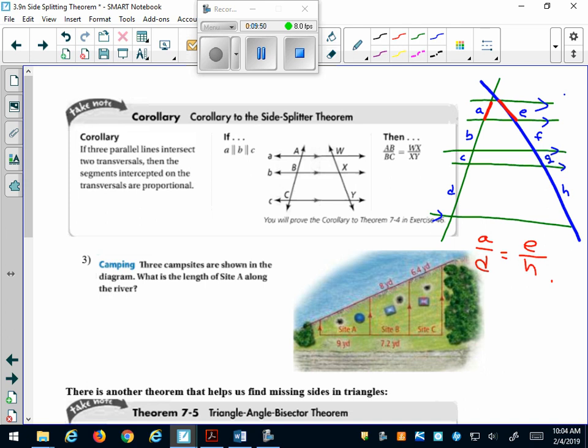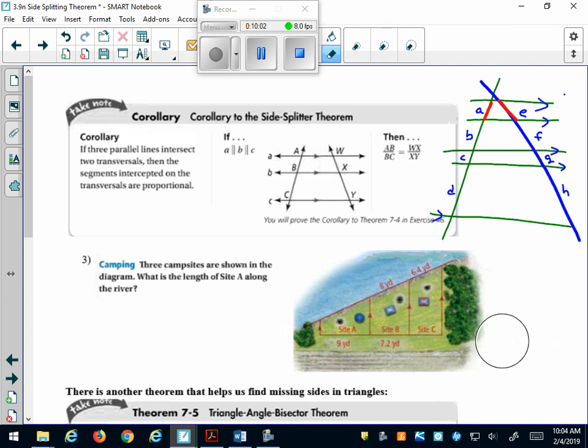Does that make sense? I could do C is to D as G is to H. All right, let's take another one. I could do A plus B is to D as, right?